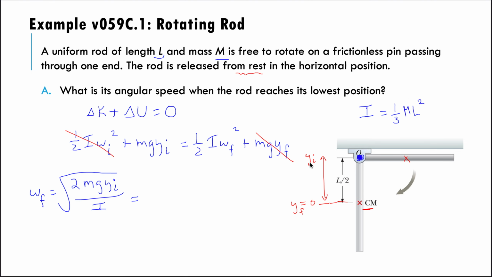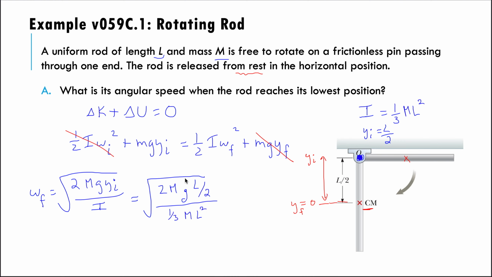We also need to plug in our initial position. Our initial position is going to be L over 2. Let's go ahead and plug that in here, and I'm actually going to use capital M instead of lowercase m. So 2MgL over 2 over 1/3 ML squared.